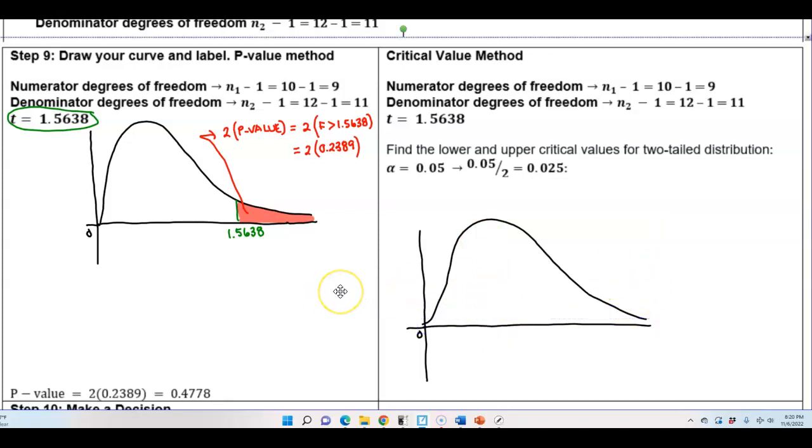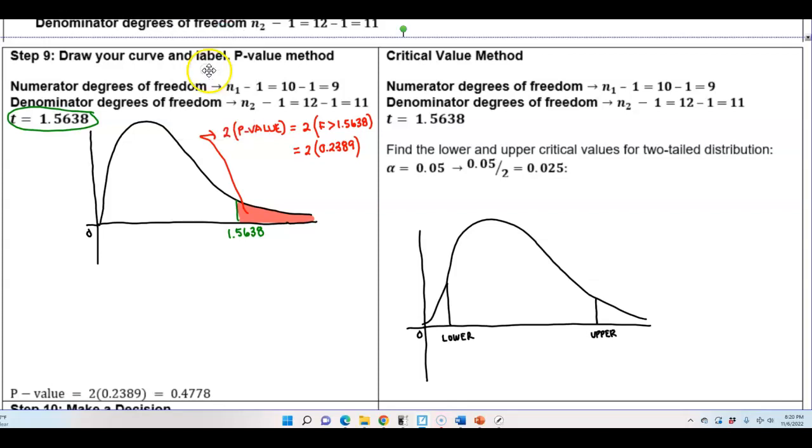And that means that we're going to have a lower critical value and an upper critical value.